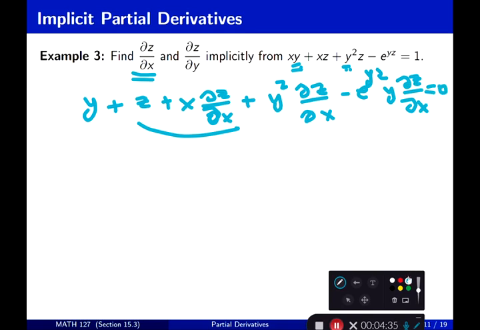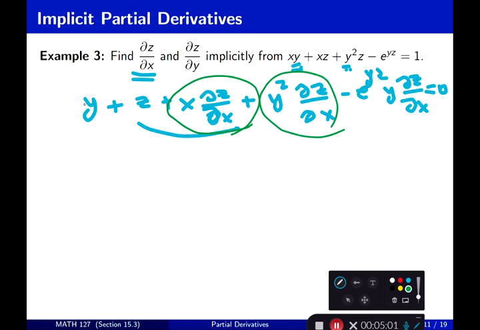Now that you have that, you solve for the partial of z with respect to x. So basically, what do we have here? This term has partial z with respect to x, and this term has partial with respect to x.